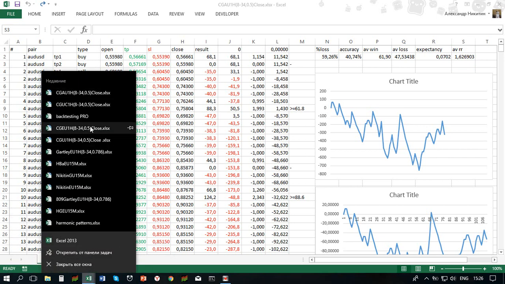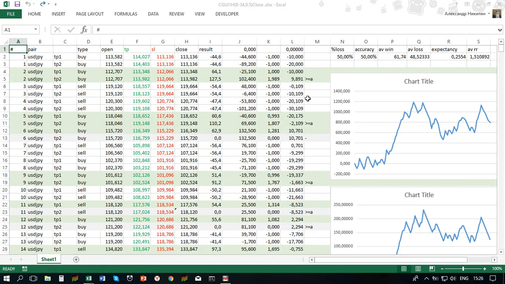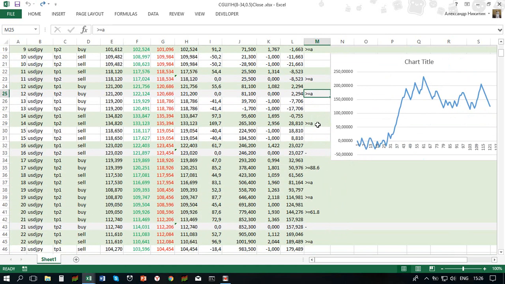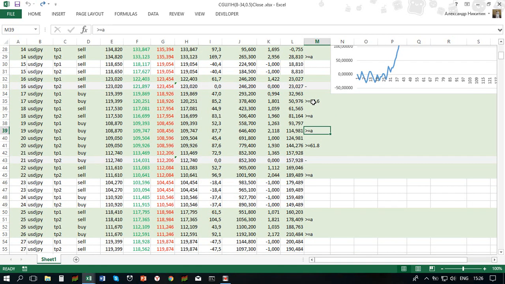The next, euro dollar. Dollar yen is a pretty interesting pair here. We have 50% accuracy with that pair and the expectancy of 0.25. But if we place the take profits at 618, yes, you can see that. But the maximum favorable excursion says that almost every time when we win, it is A or 786.